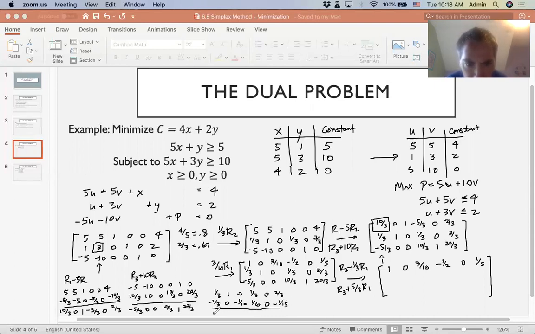So this becomes 0, 1, negative 1/10, and 1/3 plus 1/6, that's 2/6 plus 1/6, which is 3/6, or 1/2, then 0, and 9/15, which can be reduced down to 3/5.